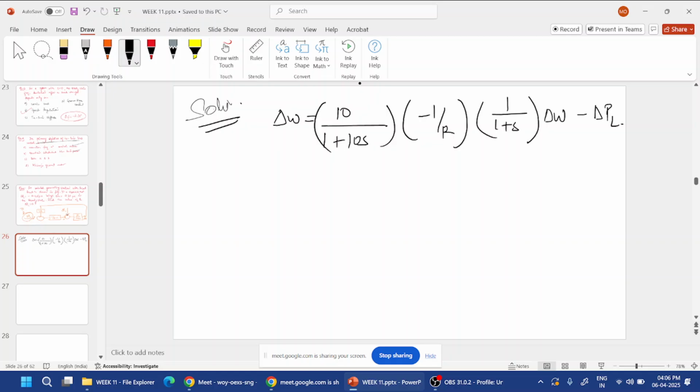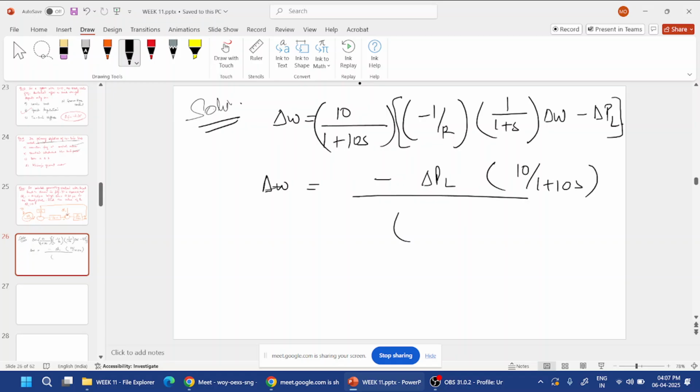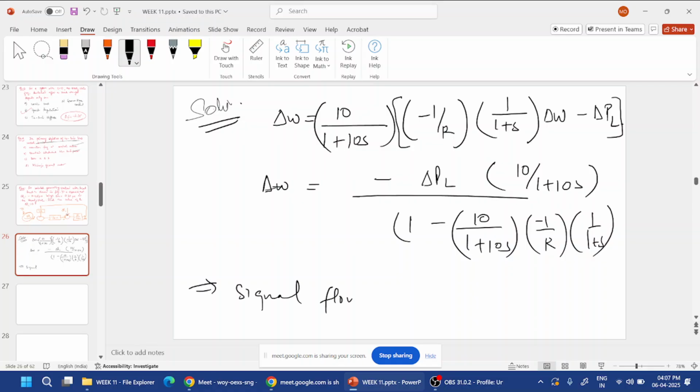So if we take it toward here, del W comes out to be how much? Minus del PL divided by... actually this is multiplied by both. So here 10 upon 1 plus 10s is the same, and it will be 1 minus 10 upon 1 plus 10s, 1 by R minus 1 plus S. You can use any block reduction technique, or you can use the signal flow graph technique.